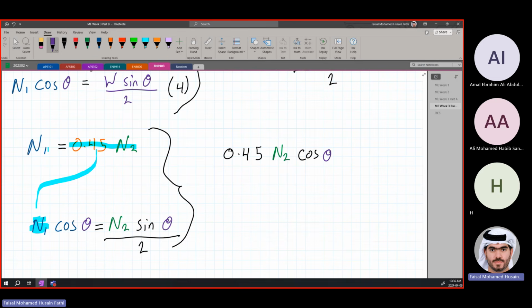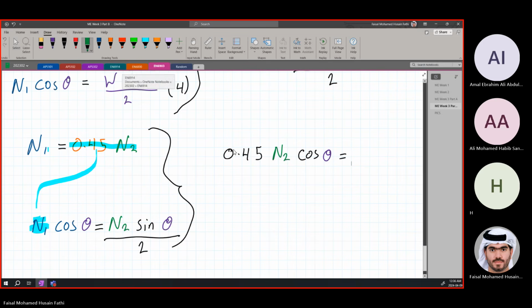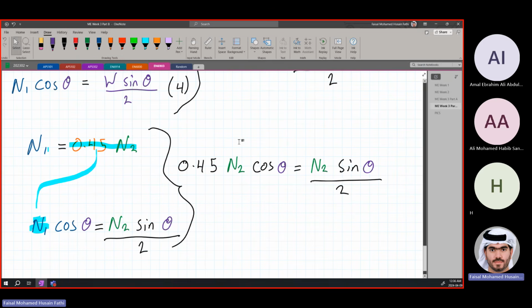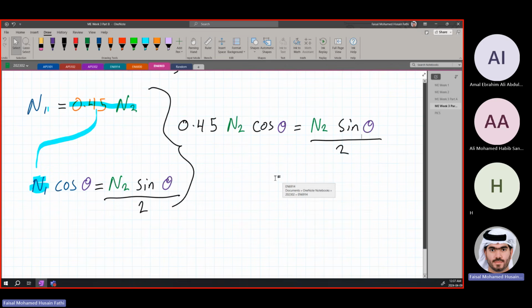All right, this is our left-hand side, is equal to N2 sine theta over 2. Where's theta? Over here. Okay? And that's it. And that's how you're going to solve the equation now.